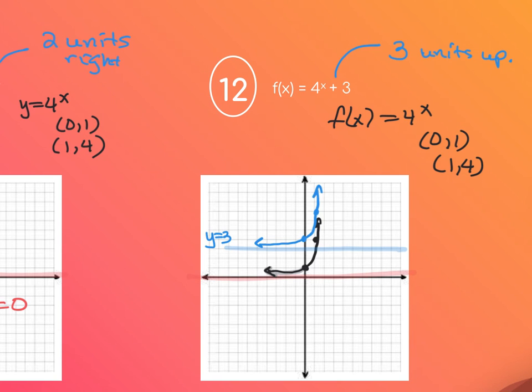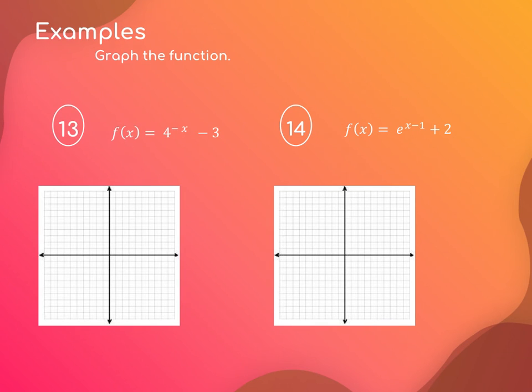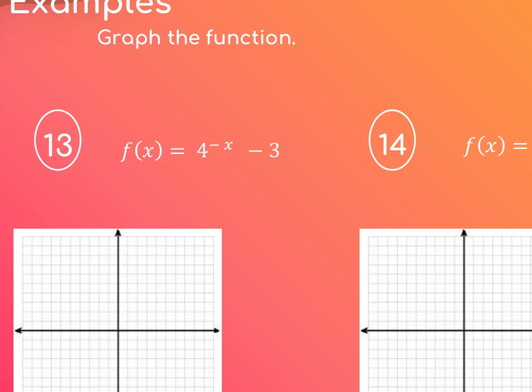We have 2 examples, and then we're done. Pretty good? This one has a reflection, and it also has a shift. So this is going to be down 3.